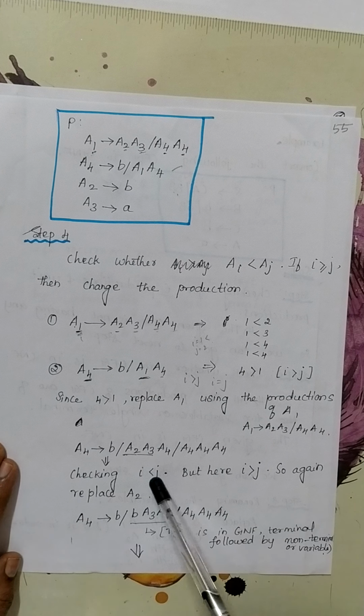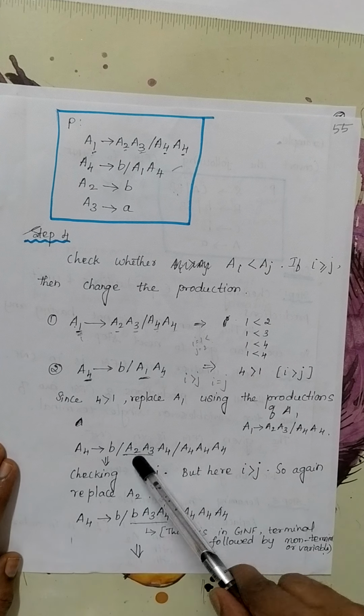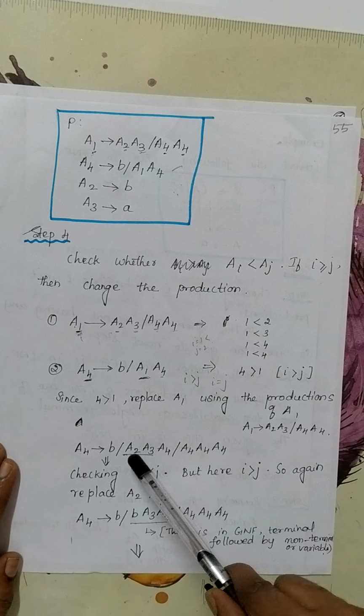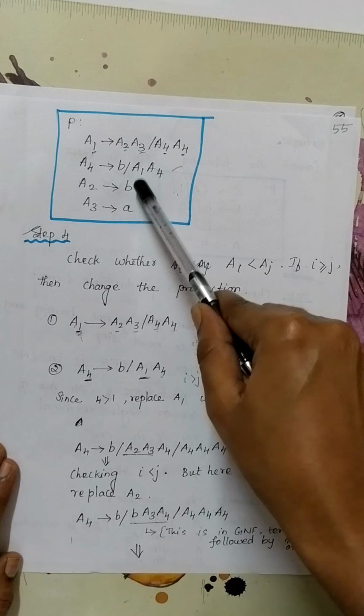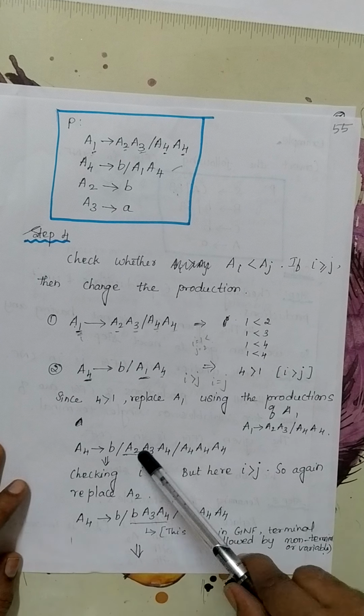Now we are going to substitute the value of B here. What is B? The production of A2 is B. So we are going to substitute it here.